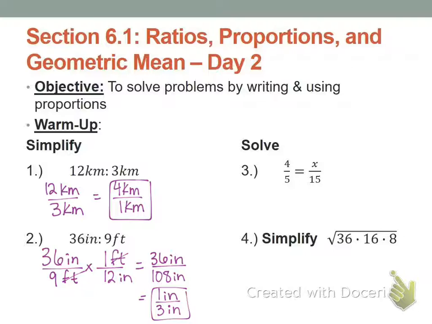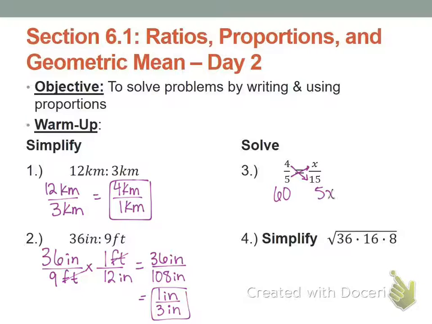All right, number 3, how do we solve proportions? Multiply diagonally, we take the cross products, cross multiply, any of those are the same description. So that means we are multiplying 4 times 15, that gives us, we are also multiplying 5 times x, which is 5x.